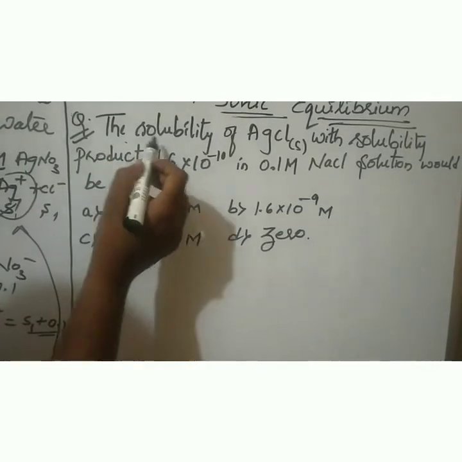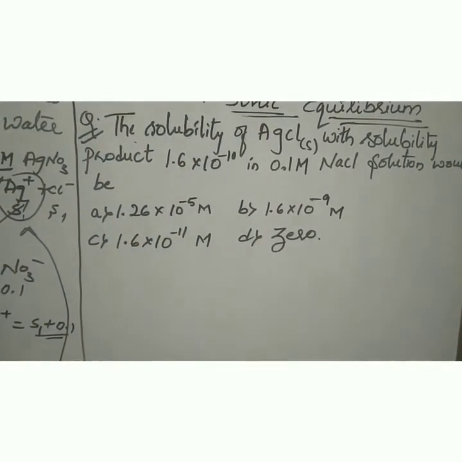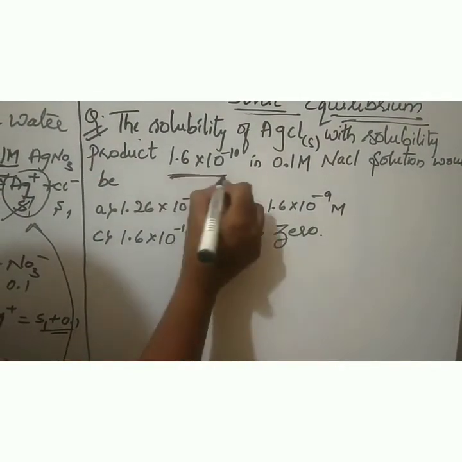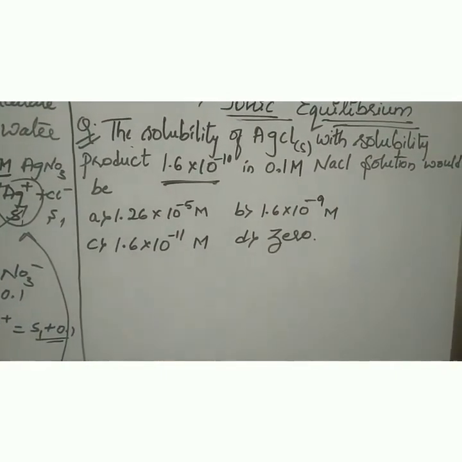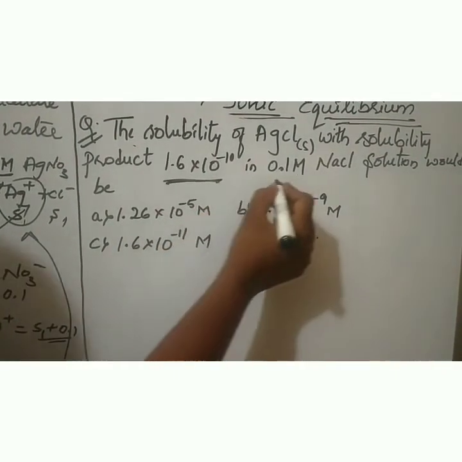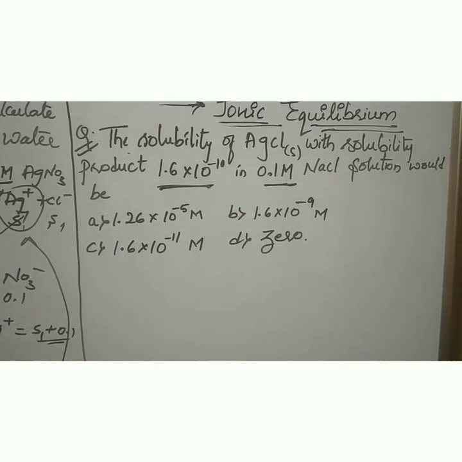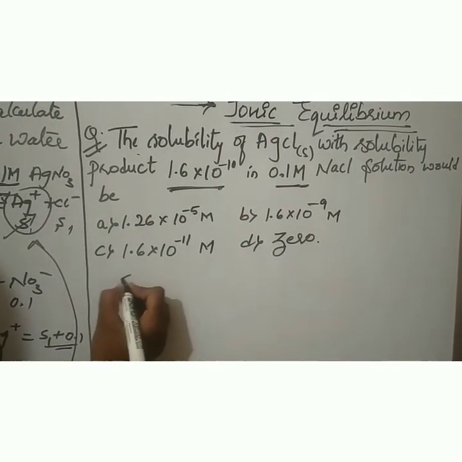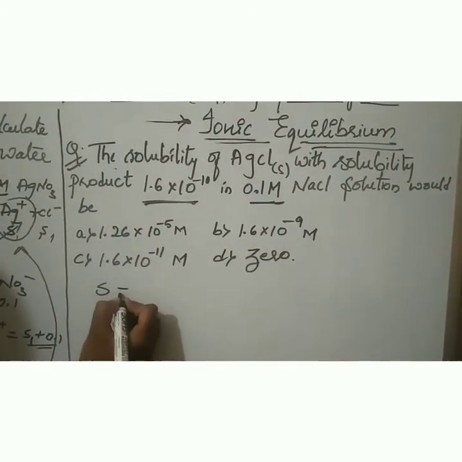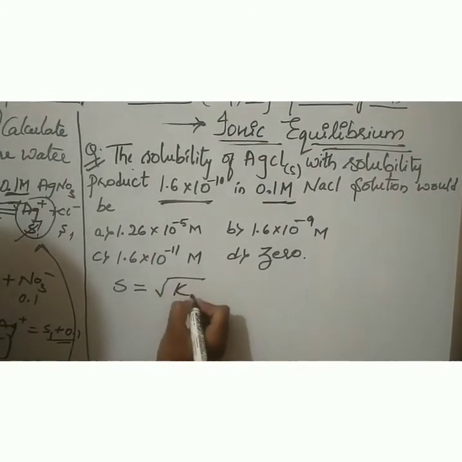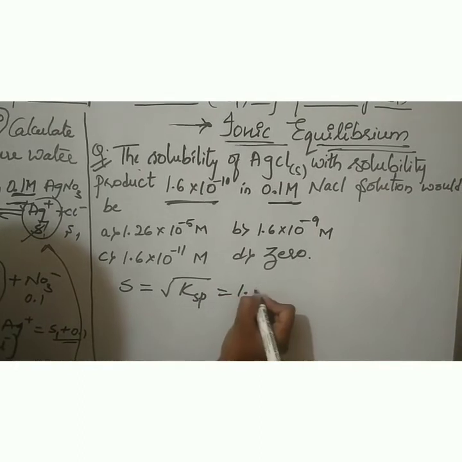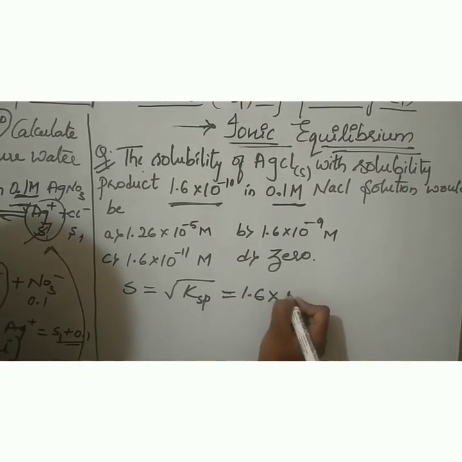Now moving to the second question: the solubility of AgCl, with solubility product given as 1.6 into 10 raised to minus 10, in 0.1 M NaCl. First, Ksp is equal to 1.6 into 10 raised to minus 10.